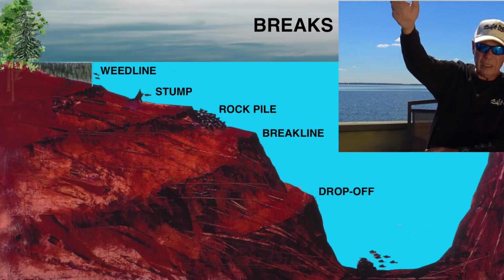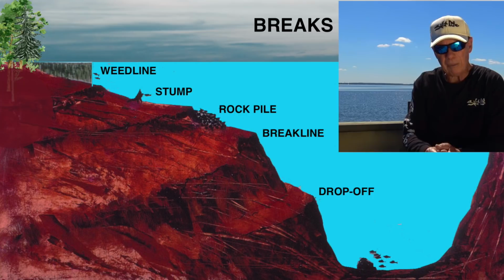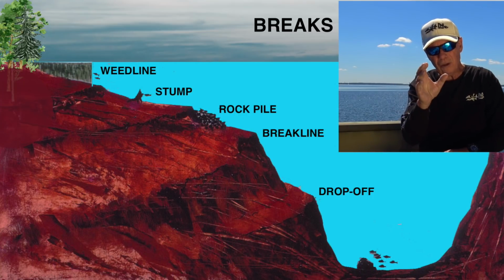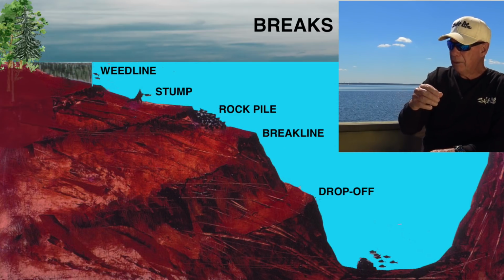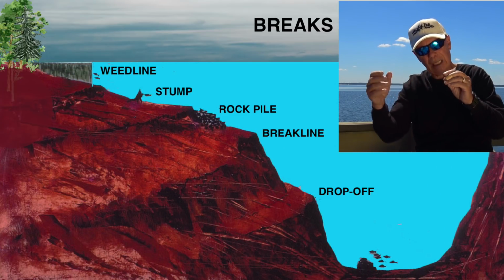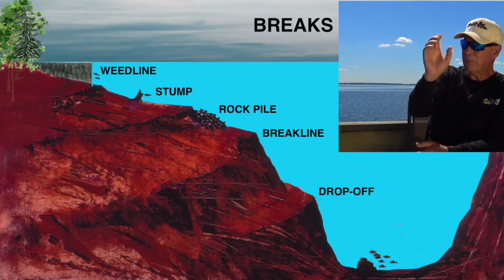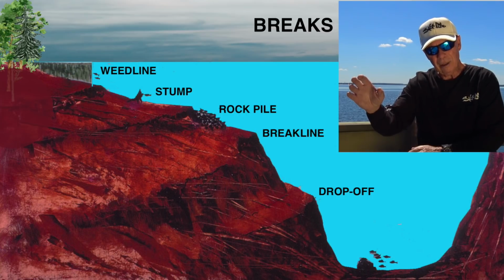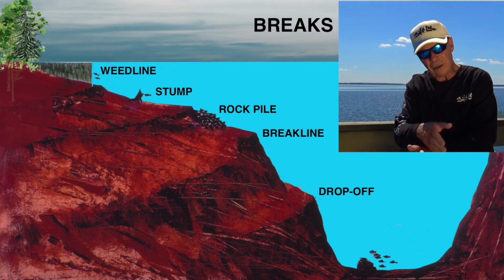The first one at the top of this structure, we have a weed line. Well, a section of weeds breaks up the uniformity of the structure, so that qualifies as a break. It's actually a form of a break line. We'll talk more about that later, but it's a break on structure. And the next thing we show is a pile of rocks on the structure.